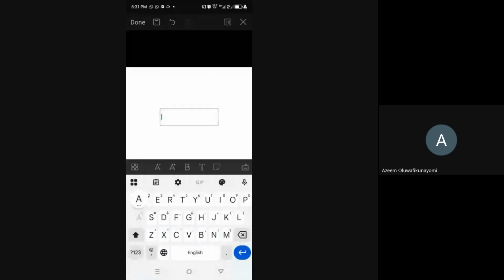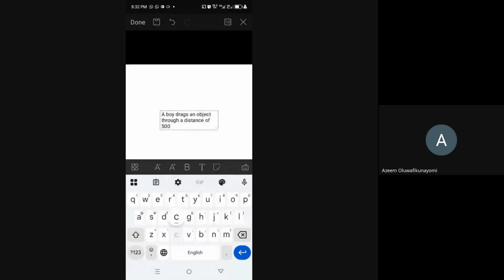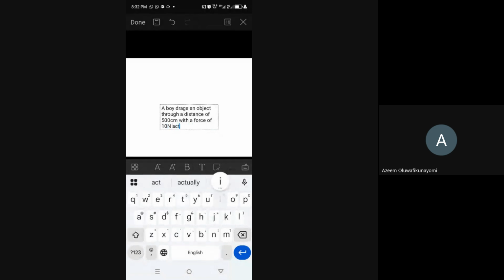Okay, let me write that. Some of you are confused. A boy drags an object through a distance of 500 centimeters with a force of 10 Newton acting at an angle with the horizontal floor.